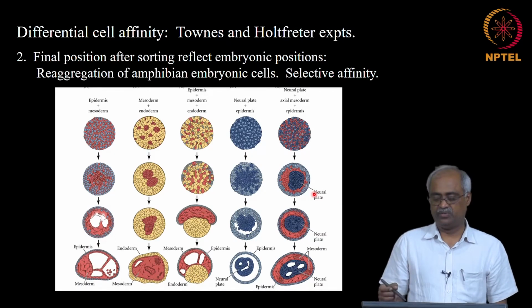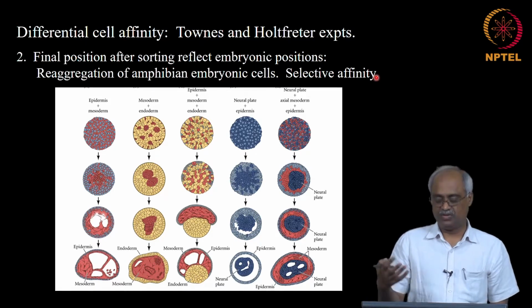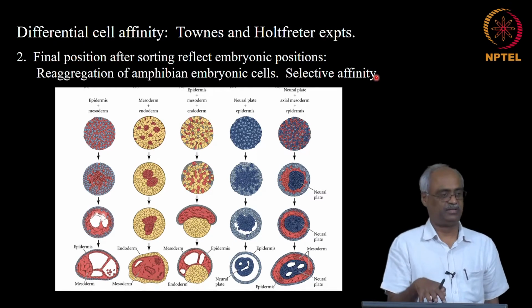So he proposed this idea that cells have selective affinity. Now we are going to look at what the basis of selective affinity is. How do they determine that I have to be outside and the other cell has to be inside?